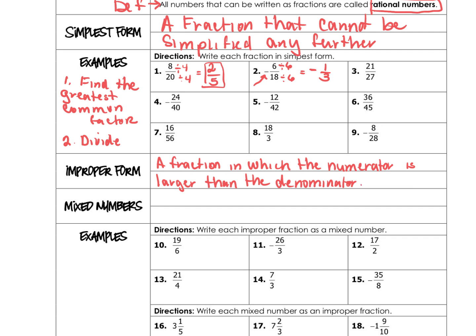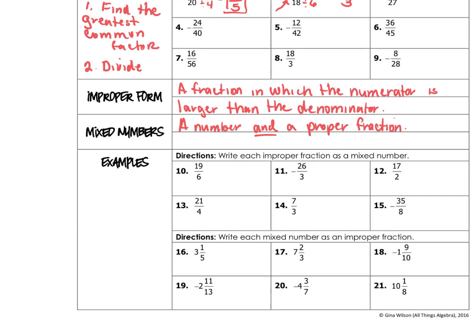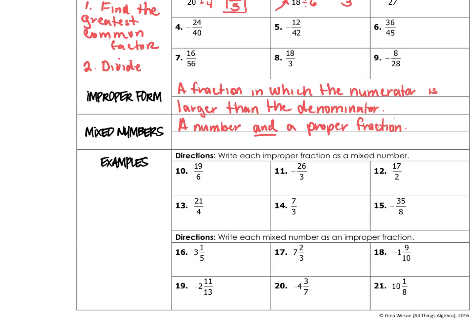And the next definition is mixed number, and that is a number and a proper fraction. All right? So how do we simplify improper fractions and turn them into mixed numbers?